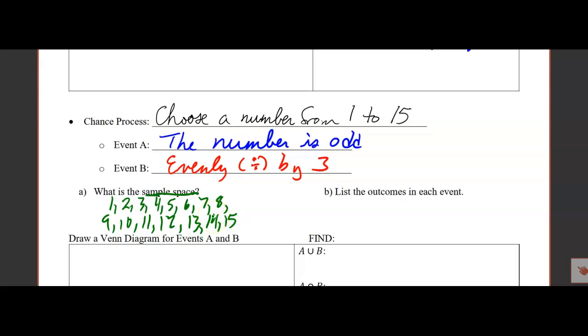All right, then we have A. If event A occurs, if I'm saying I want it to be an odd number, what are the choices for an odd number? What's the set of odd values?